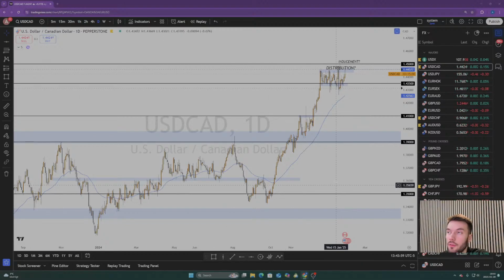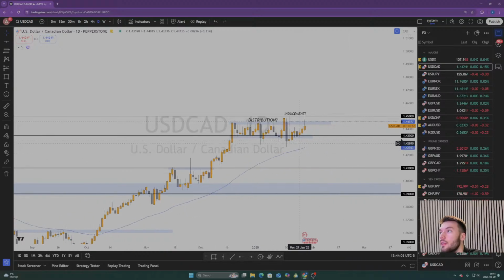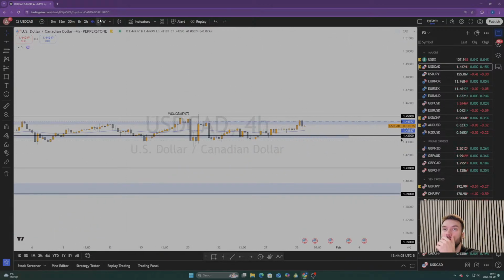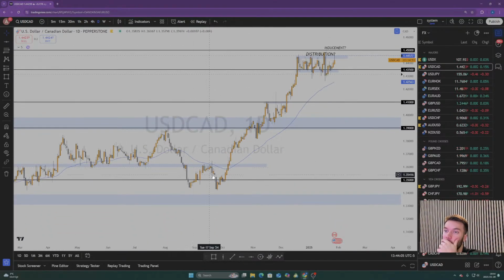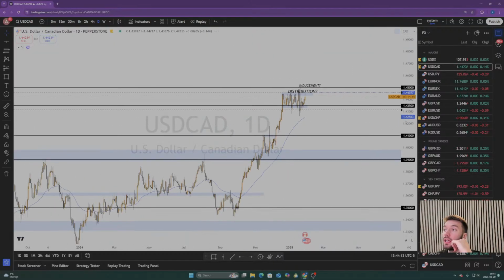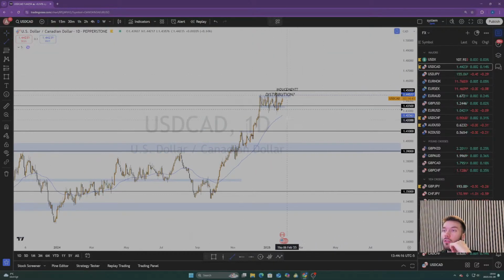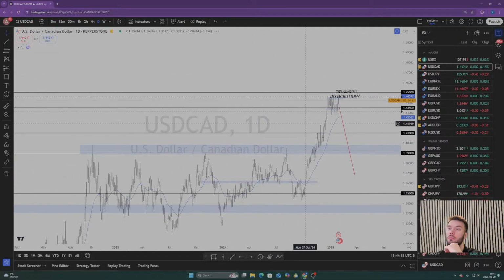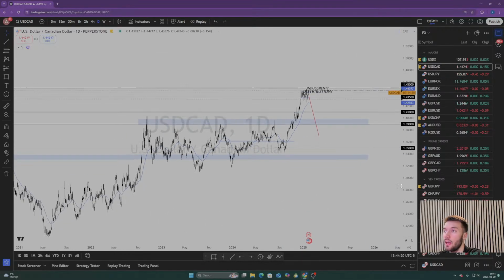Yeah, the markup phase. Okay, so we have the accumulation, markup, distribution, and then markdown. The markdown phase, which would be a huge leg right here. Boom, markdown. And we can still be in trend.